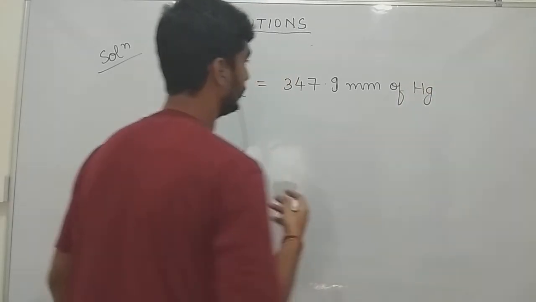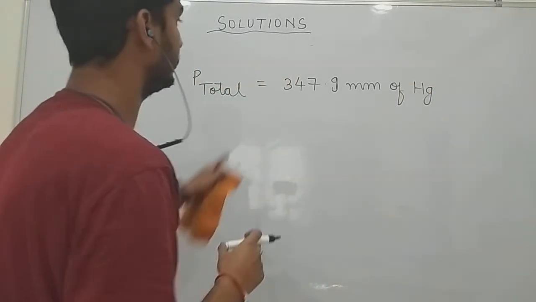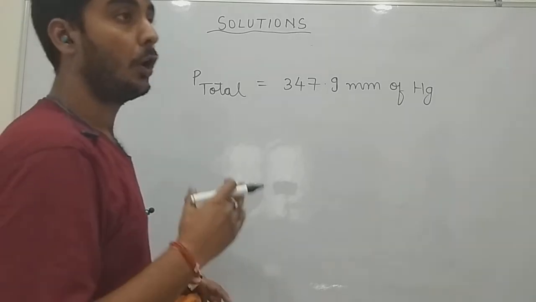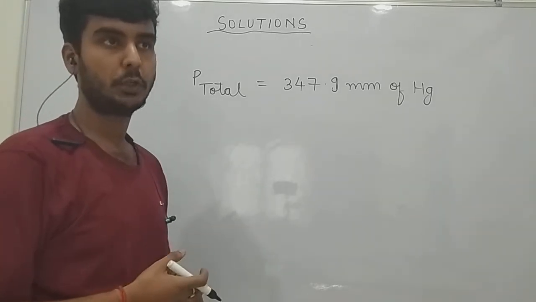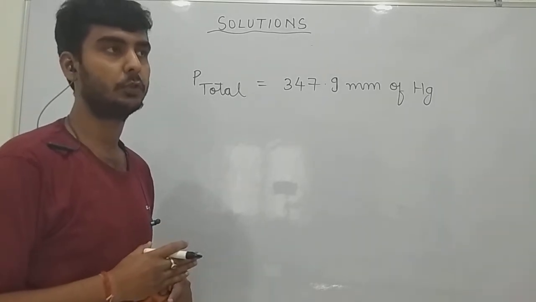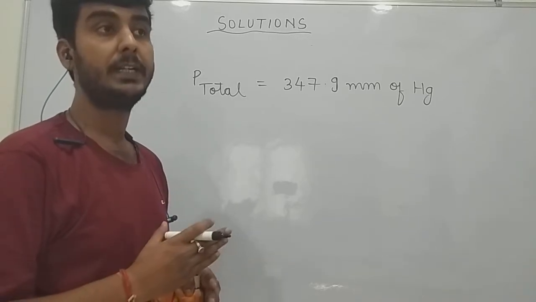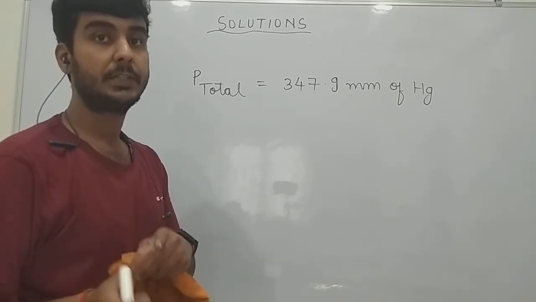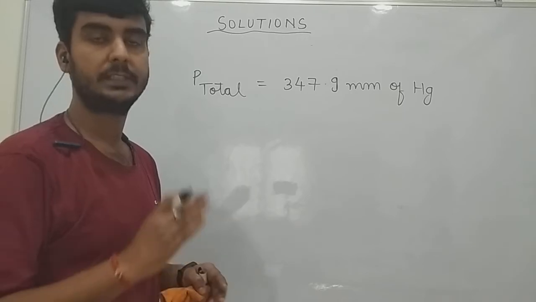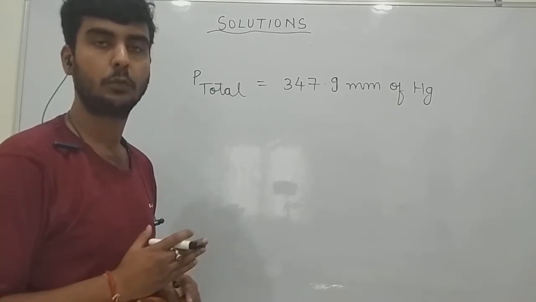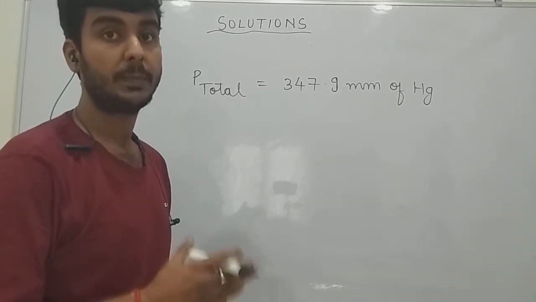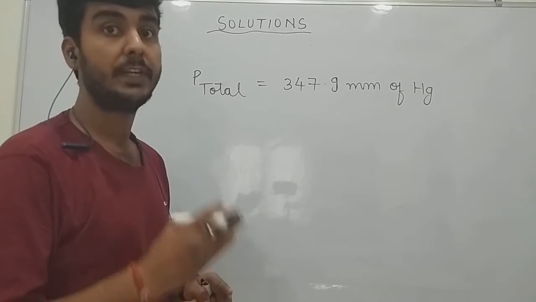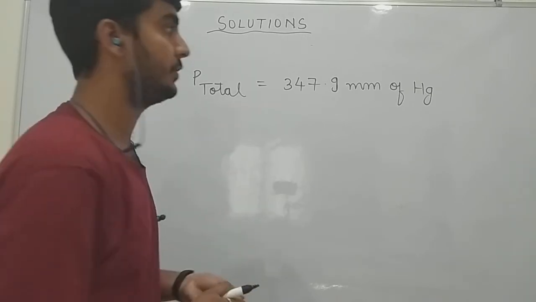Kindly do that calculation or addition and see for yourself. So we have calculated the first part of the question, that is the total pressure of the solution. Now we have to find the partial pressure of each of those components, CH2Cl2, dichloromethane, and chloroform, in vapor state.